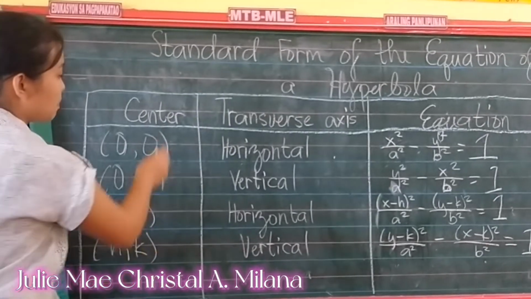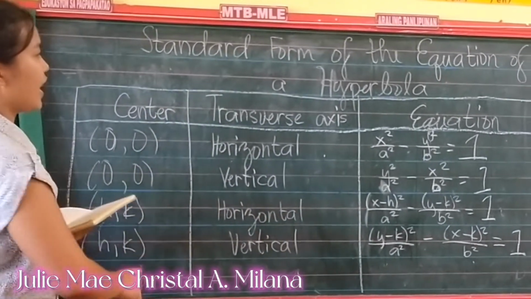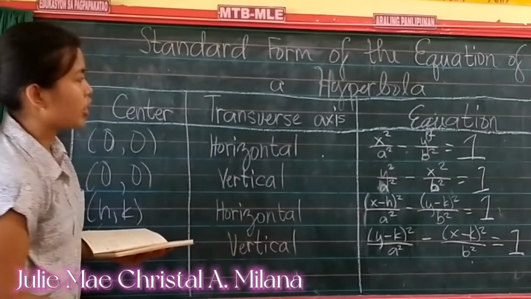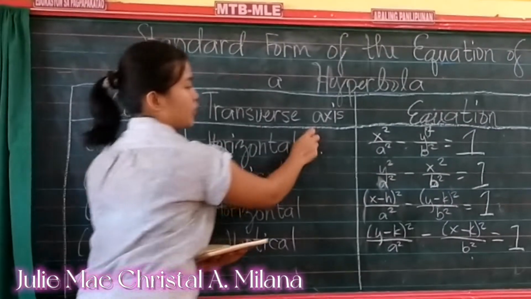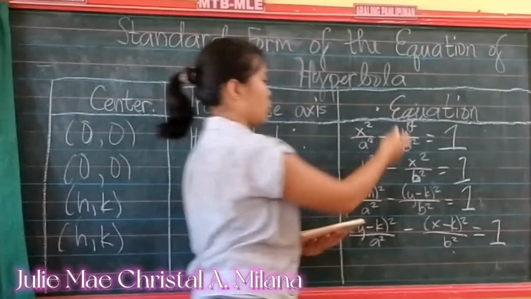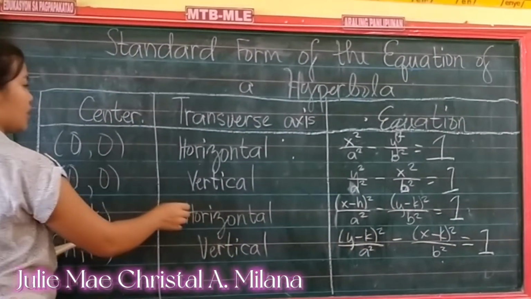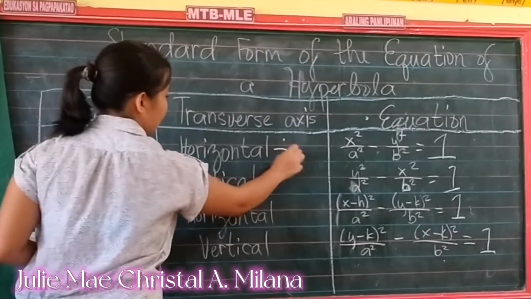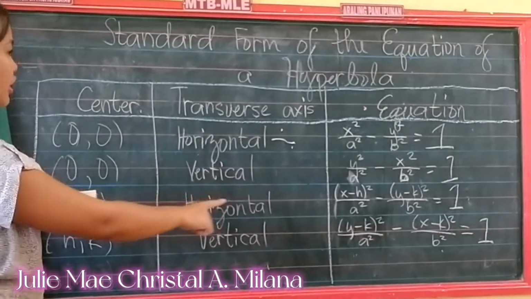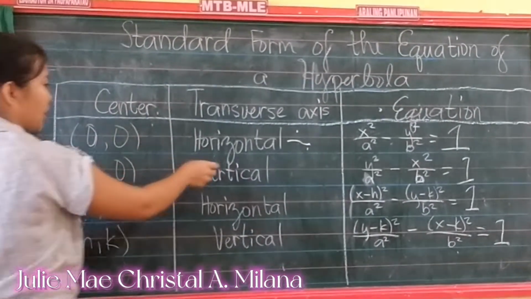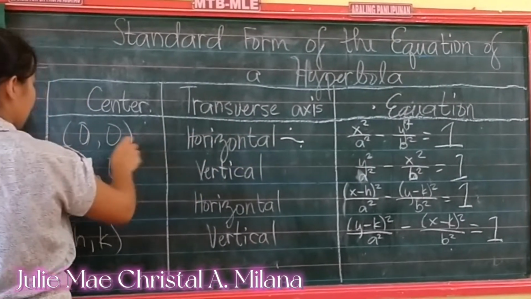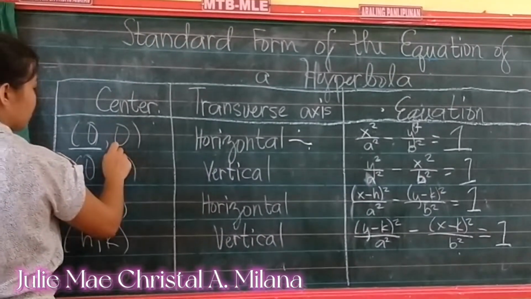So, in the next part, we will discuss the standard form of the equation of a hyperbola. So, we have the center, the transverse axis, and the equation. For the transverse axis that is horizontal, as I said earlier on the board, the center of a horizontal transverse axis is 0, 0.